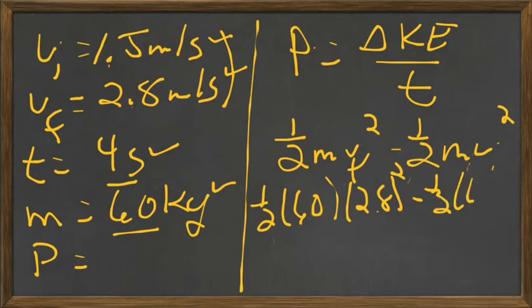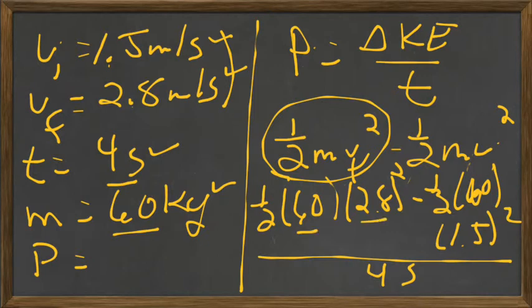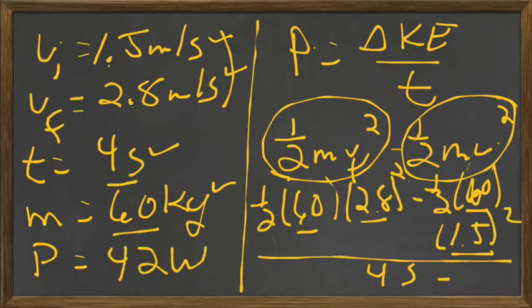Minus 1/2, 60, and the last velocity, 1.5, all of that divided by 4 seconds. So I have all the information for the final kinetic energy based on the final speed and mass, all the information for the initial kinetic energy based on initial speed and mass, and I have time. When I solve for it, power turns out to be 42 watts.